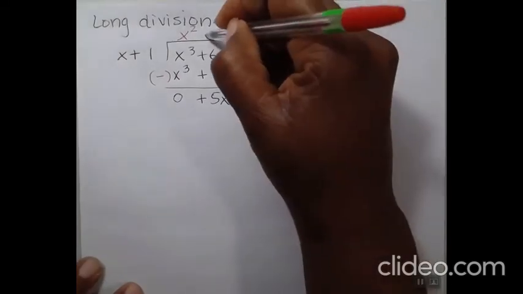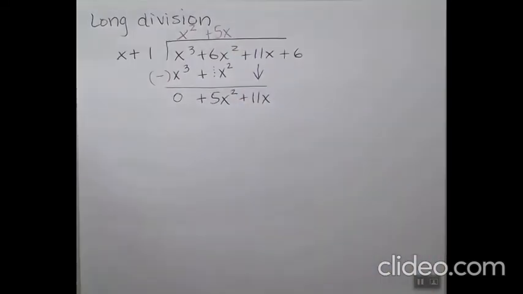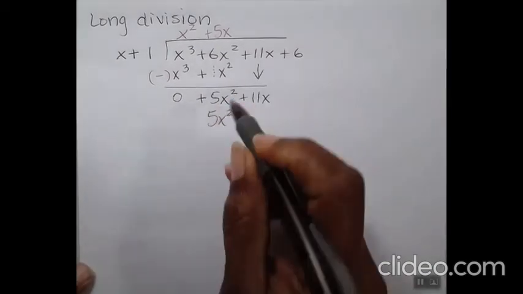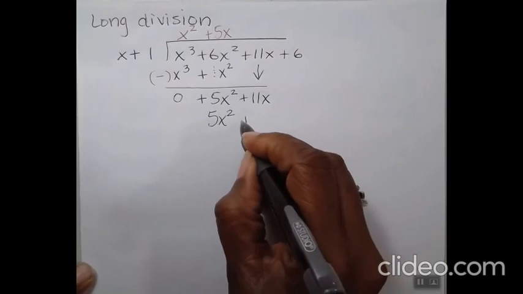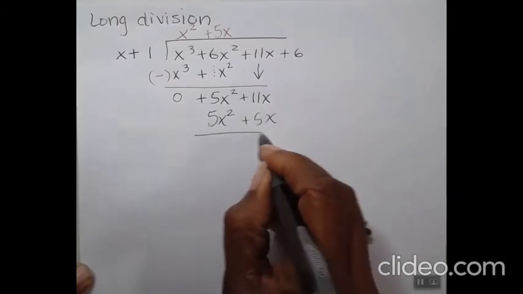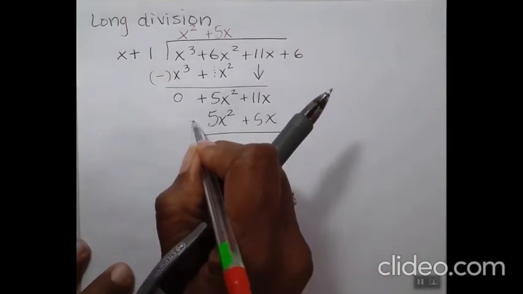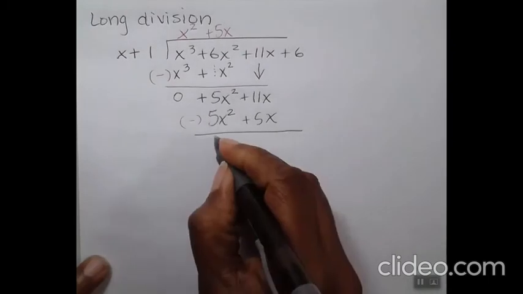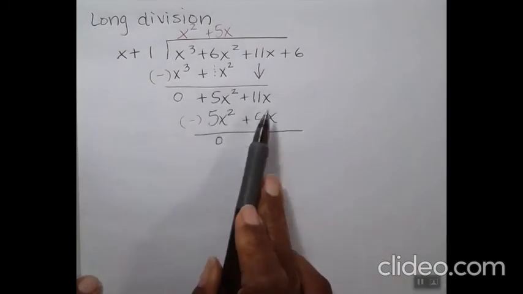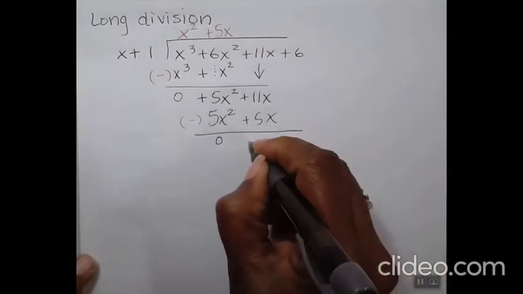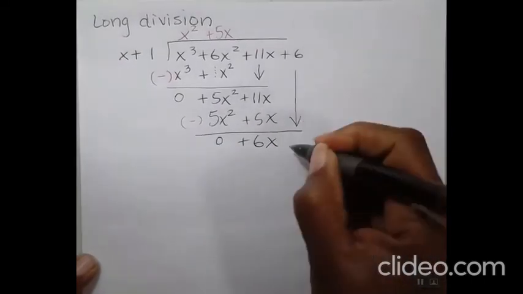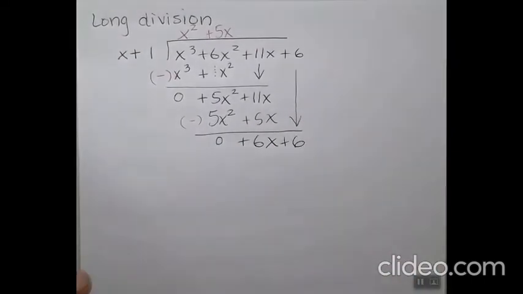Well, it goes in a positive 5x times. 5x times x is 5x squared. 5x times 1 is plus 5x. We again are subtracting both of these. 5x squared minus 5x squared is 0. 11x minus 5x is a positive 6x. Bring down our other term here, plus 6.